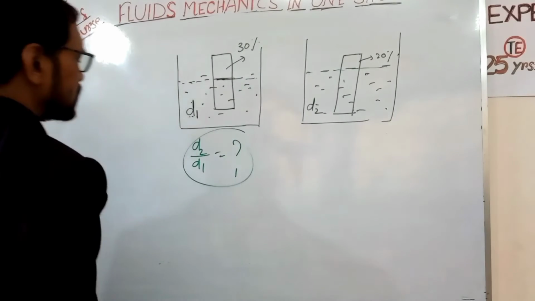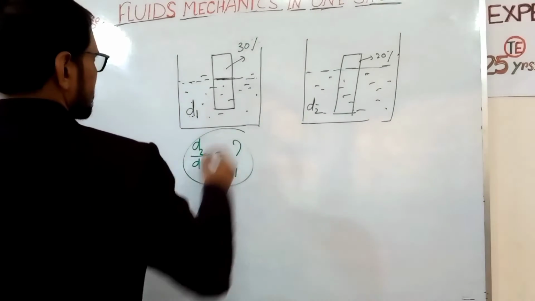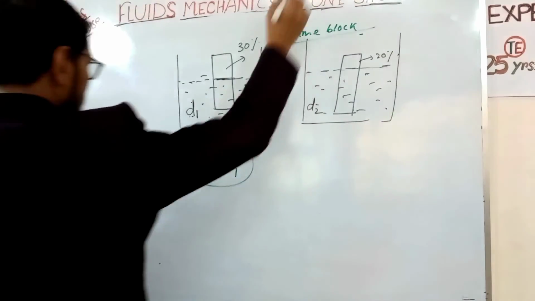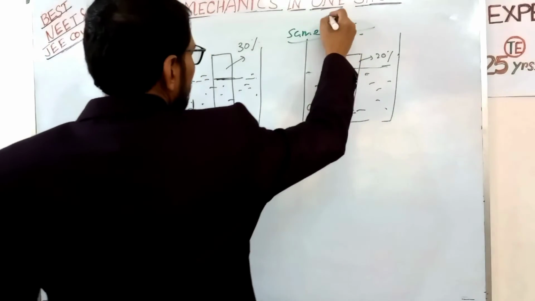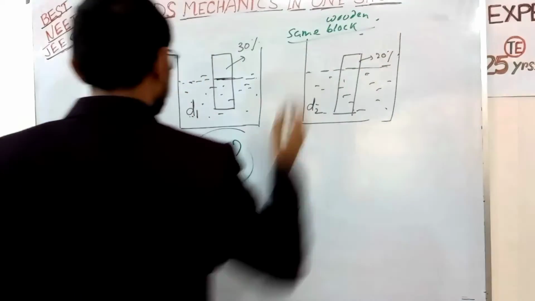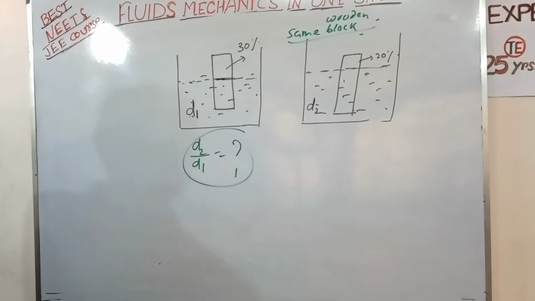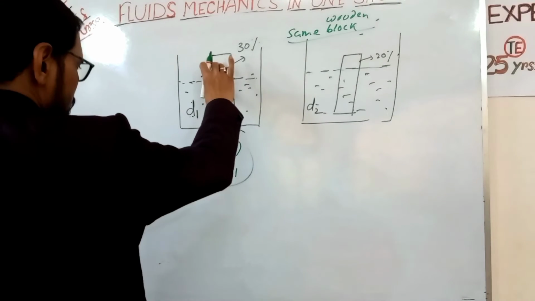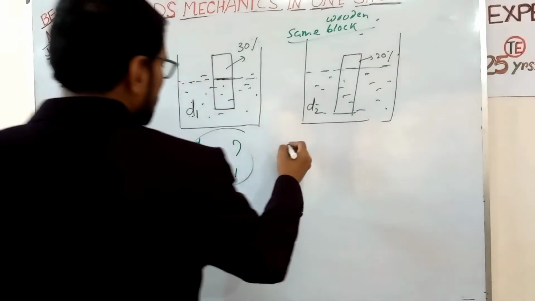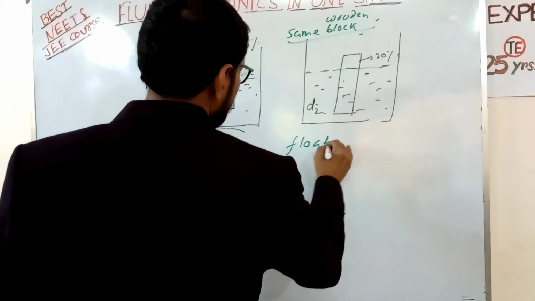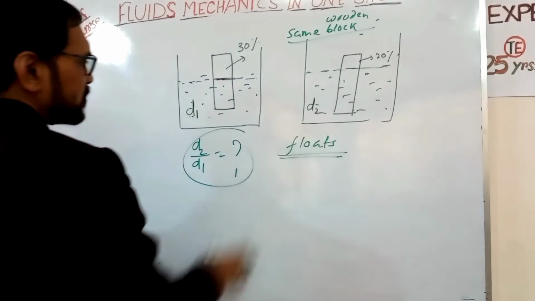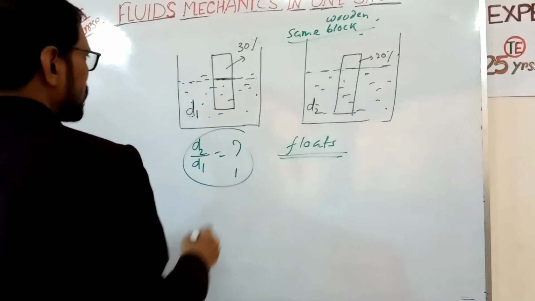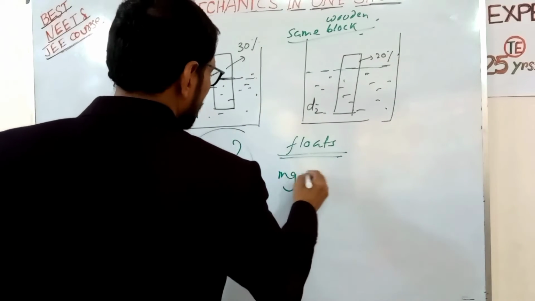So how do we solve this problem? Same block, suppose this is a wooden block. To solve this problem, we use the condition of flotation. This block floats within the liquid. When the term floats is used in the problem, then we use the condition of flotation: mg equals buoyancy force.